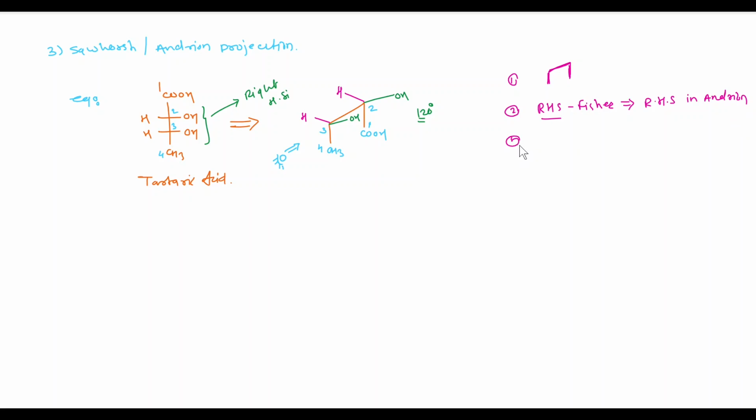The third rule is the substituent on the left hand side in the Fischer projection formula we have to write on the left hand side in the Sawhorse formula. These three rules are very important for the conversion of the Fischer projection formula into the Sawhorse formula. Let us take another example.